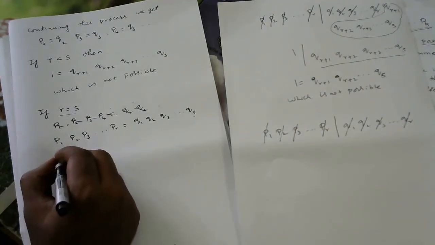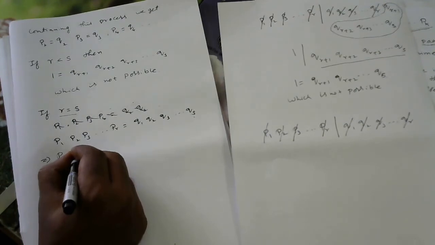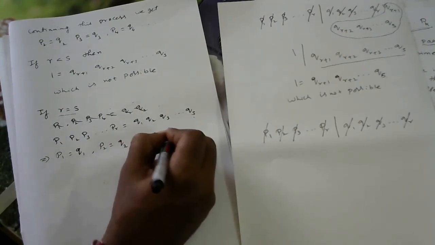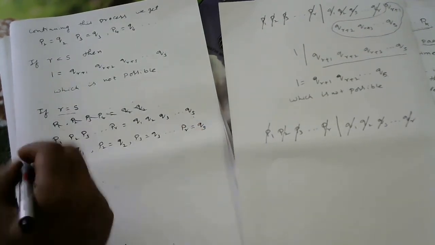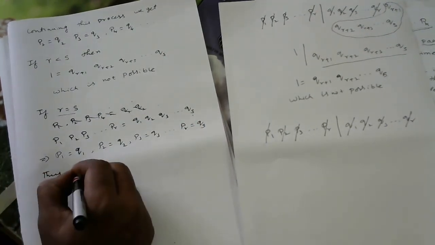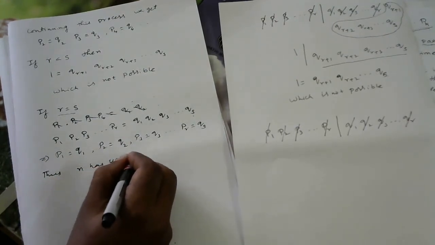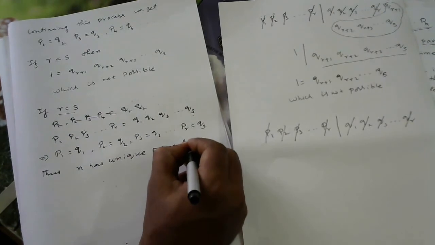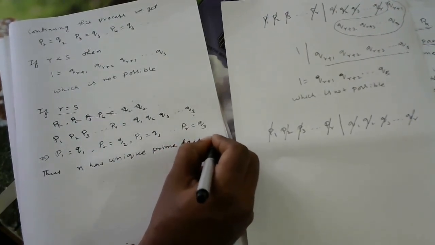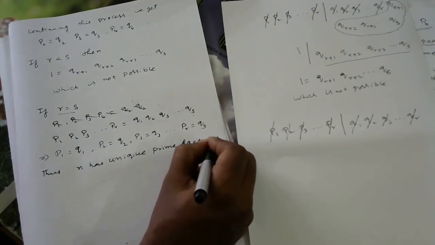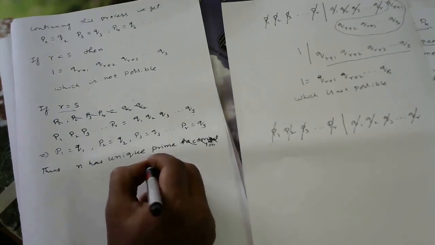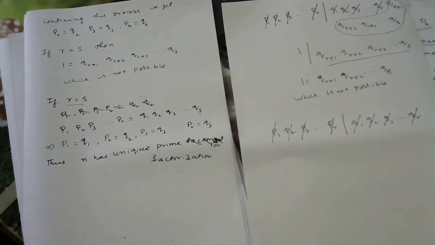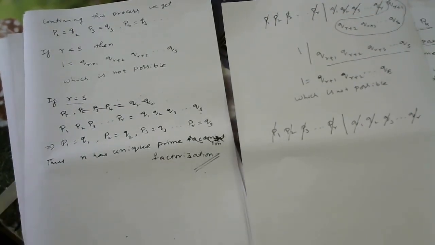So that means P1 equals Q1, P2 equals Q2, P3 equals Q3, so on, P suffix R equals Q suffix S. Thus n has unique prime factorization. So this proves the theorem.